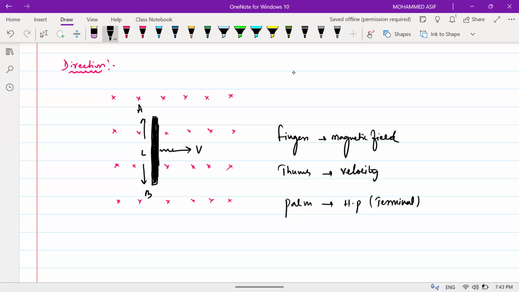See, when you slap anyone, how do you keep your right hand? Like that, tight. Now fingers in the direction of the magnetic field. Have you kept it, everyone? In which direction? Inward. Am I clear?